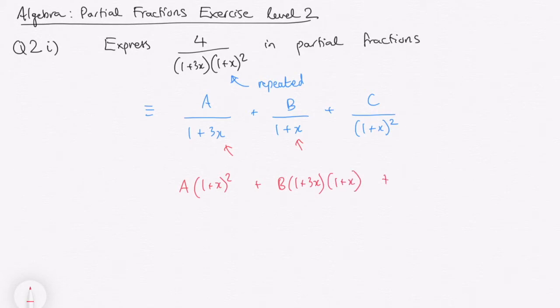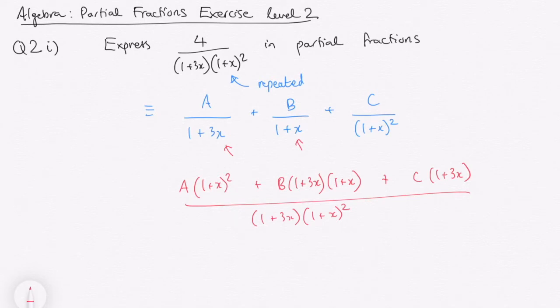And the third fraction needs to be multiplied by (1 plus 3x) on the numerator and denominator. And all of these would have a denominator of (1 plus 3x) times (1 plus x) all squared.